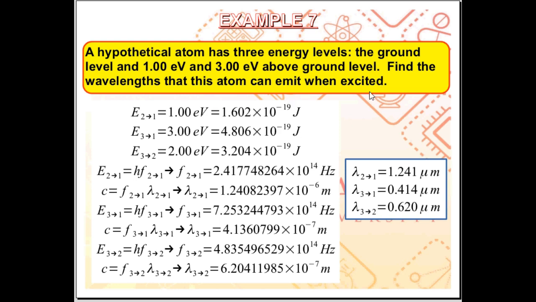The possible transitions of the atom to emit photons: first, from the first excited state, E2, to the ground level, E1. The energy released, or energy difference, E2 to 1, is 1 electron volt, or 1.602 times 10 to the negative 19 joules.